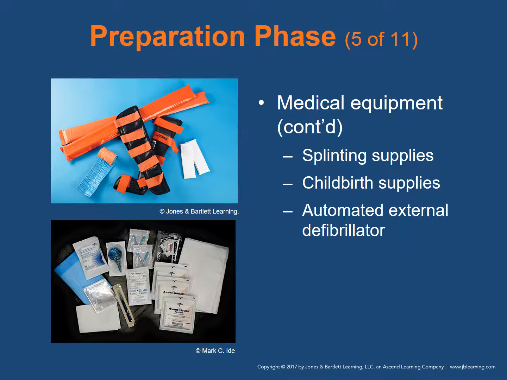Inside of the OB kit, like you can see at the bottom there, you can see the gauze pads, the umbilical clamps, and chuck pads that we put underneath the female who is giving birth to prevent a spillage of fluids. We have the bulb suction catheter that we use for the infant to suction the mouth and nose.